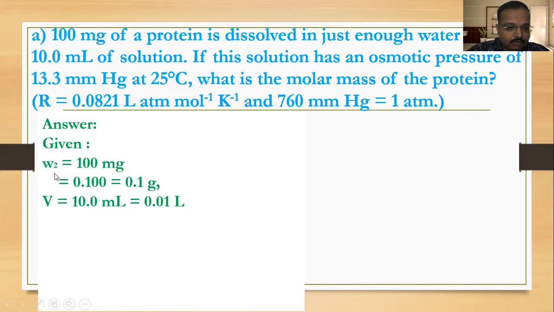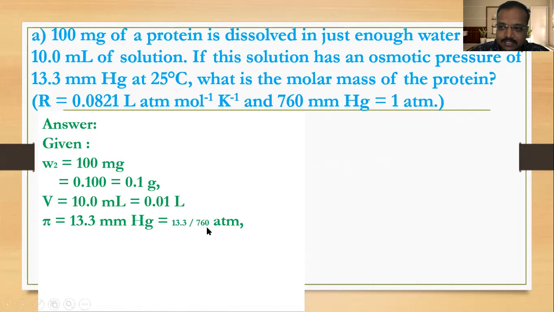So we have W2, then we have volume, then pi value is given. What is pi? Osmotic pressure is given. It is 13.3 mm of Hg. Children, convert that into atmospheres by dividing it by 760. You need not completely do that work.